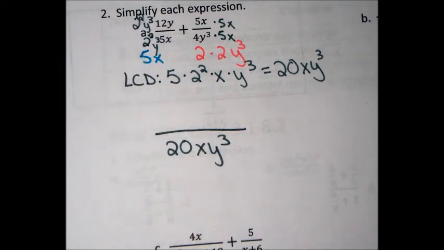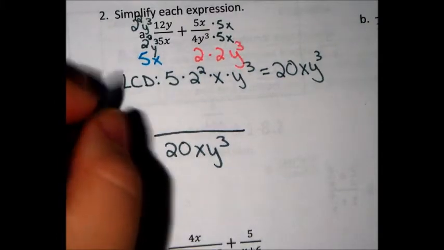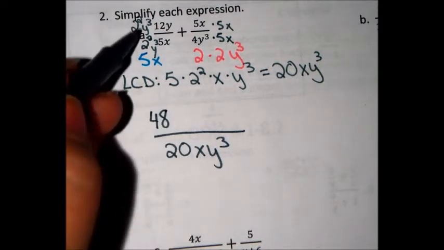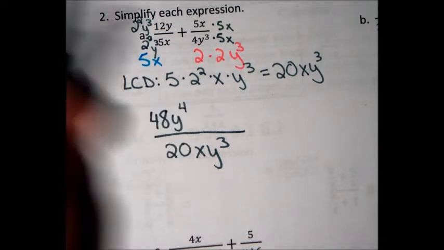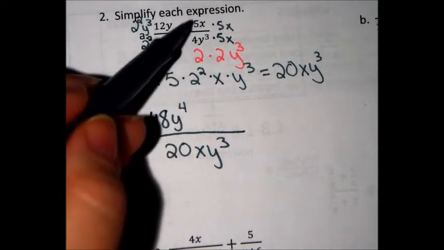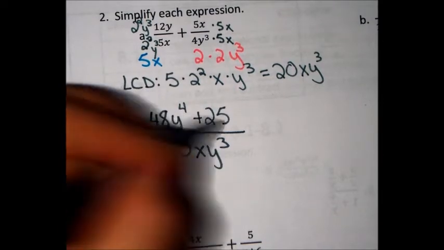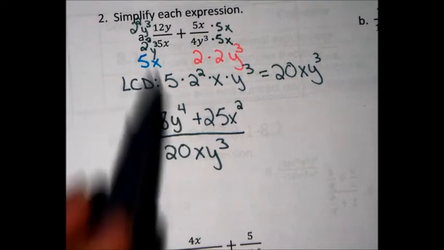So on top, I have 2 squared times 12, which gives me 48. y cubed times y gives me y to the 4th. And on the other side, I have 5 times 5, which is 25. X times x, x squared.